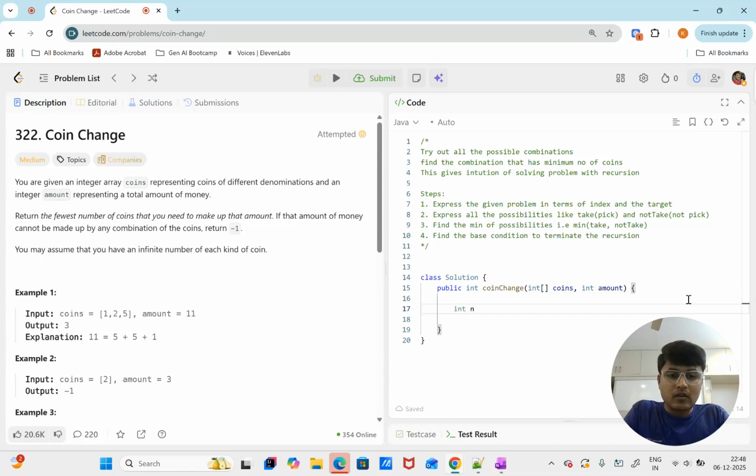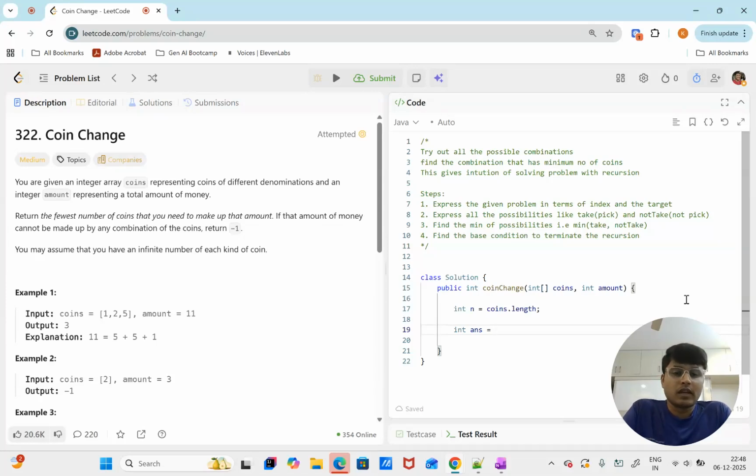We'll just write the code now. Int n is equal to the coins length, and our final answer is nothing but the minimum number of possible coins with which we can make this amount. So for that we are writing the utility function in which we are passing our index.